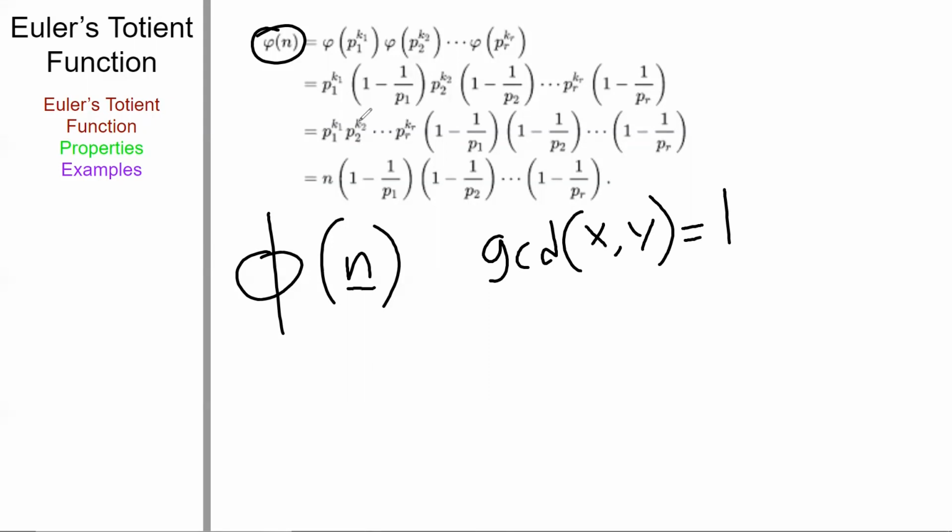So let's start with some examples. Let's say I give you the number 6. Can you guys count for me which numbers that are less than 6 are relatively prime to 6?